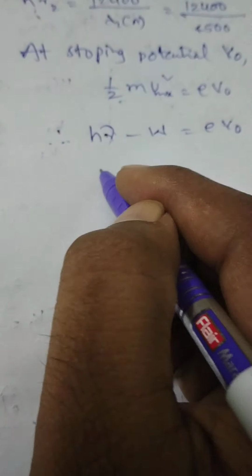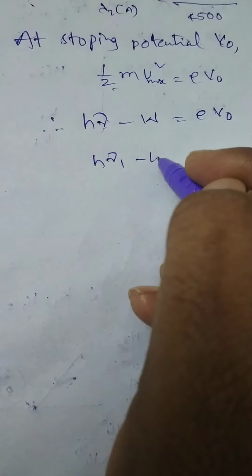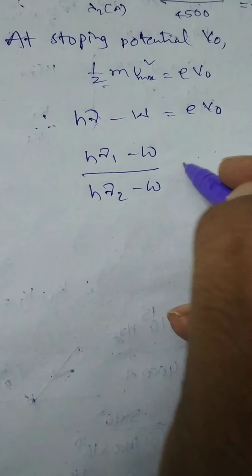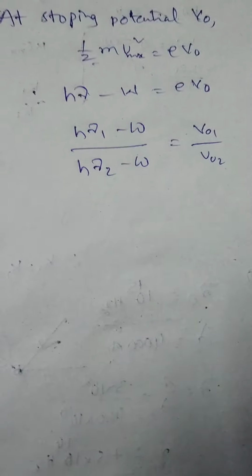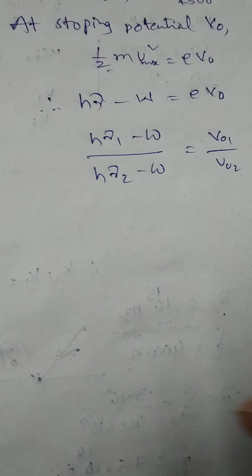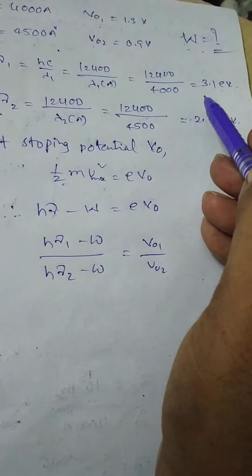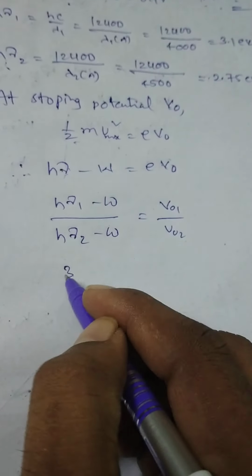So it is given that (h nu 1 minus w) by (h nu 2 minus w) is equal to V01 by V02. E and E cancel. h nu 1 is equal to, what is this value? 3.1 electron volts.